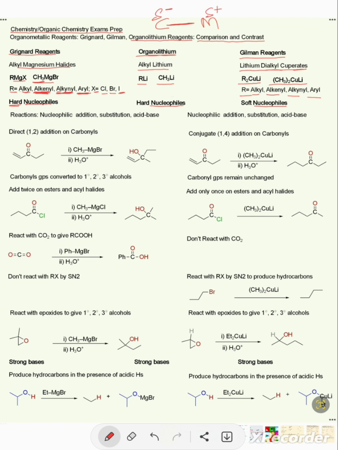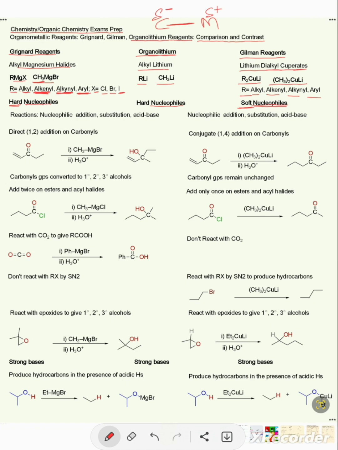Now the other type of nucleophile that we see here is the soft nucleophile. The discussion of hard versus soft nucleophiles is for some other time, because it's a topic of higher level chemistry, I would say beyond undergraduate level.